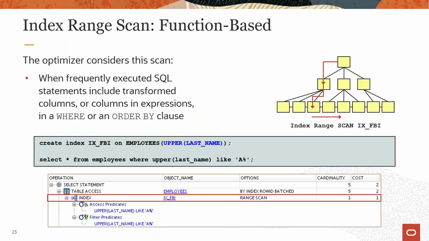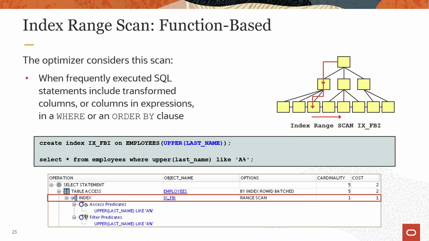You also have the possibility to create function-based indexes. Now, what you need to know is that if you're going to write a select statement with a filter that is using a function upon a column that is indexed, the index will never be used. Why is that?